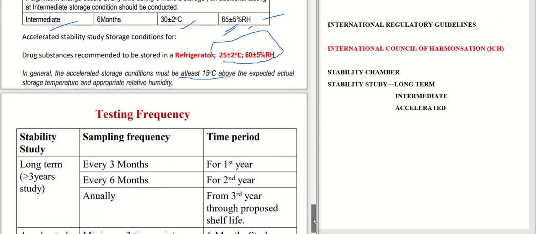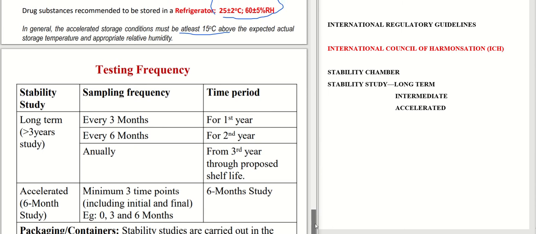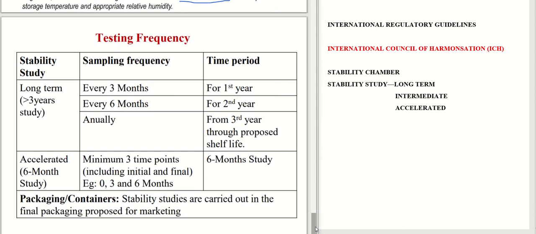Fine, we have placed our drug substances or products in that particular temperature and humidity condition, but how do we do the sampling? For example, let's discuss the long-term stability study. Normally it takes place for a duration of 12 months, and for a few drug products it will be more than 3 years.